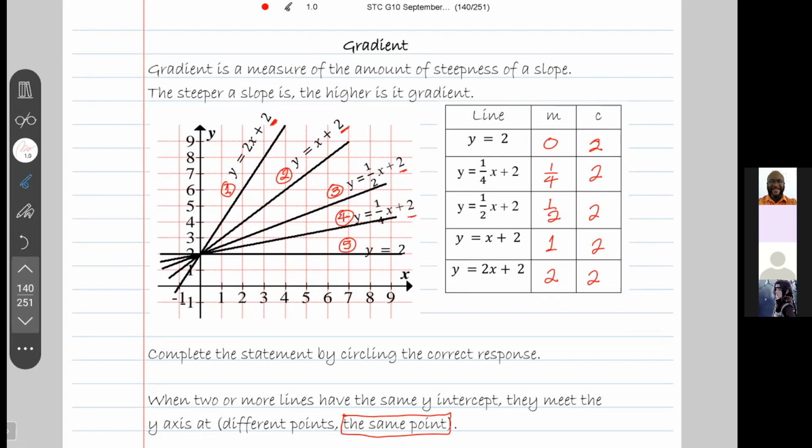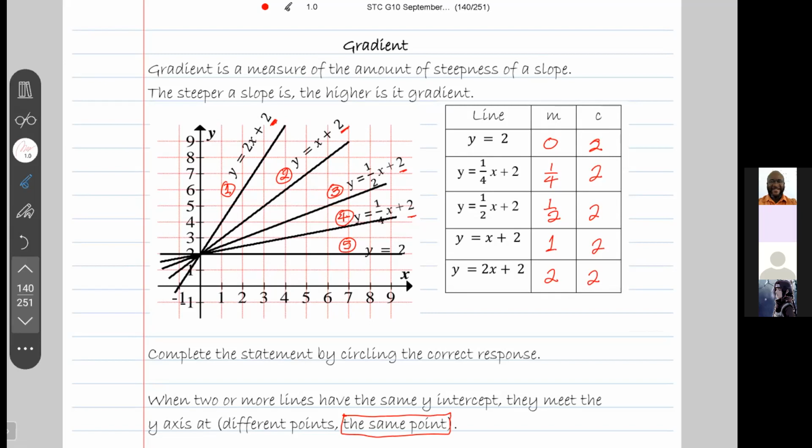Guys, you'll notice that the gradient of line 5 is 0 because gradient is measuring steepness. Line 5 is horizontal, so it has no steepness. So its steepness is 0.